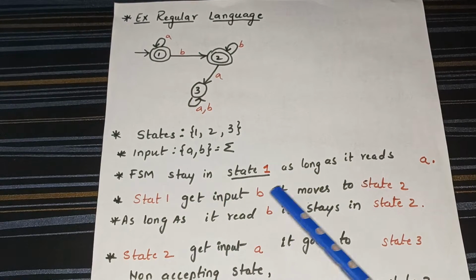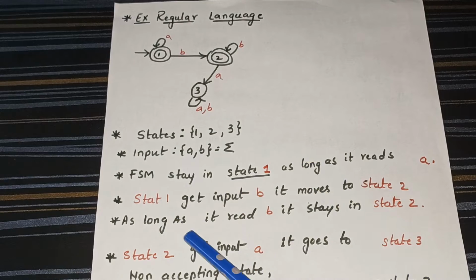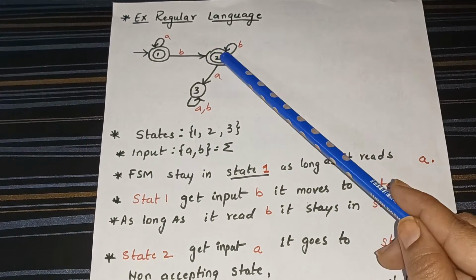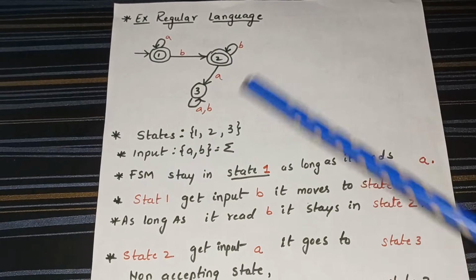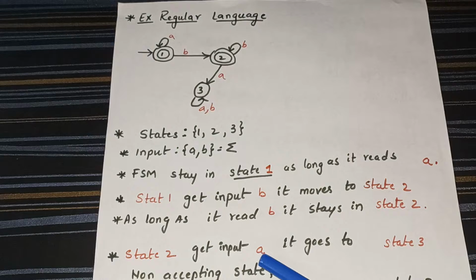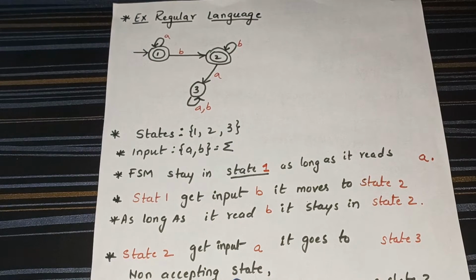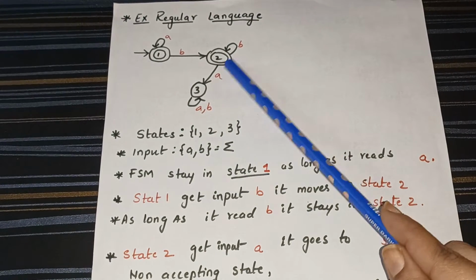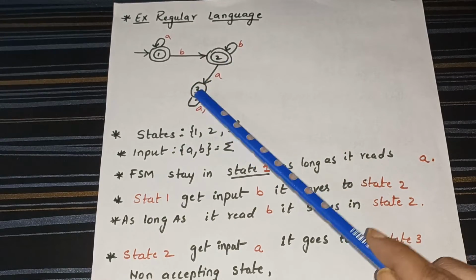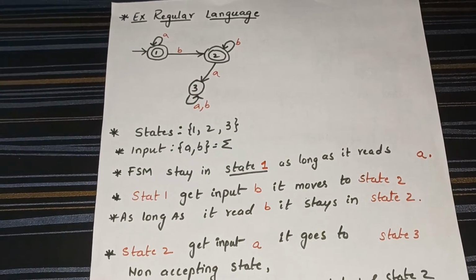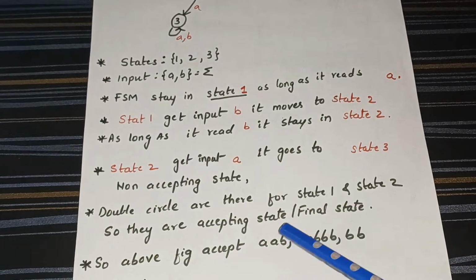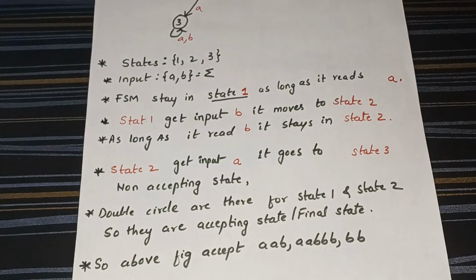That is what we have written here: state 1 gets input B, it moves to state 2. As long as it reads B, it stays in state 2 itself. And when state 2 gets A, it goes to state 3, a non-accepting state. A non-accepting state is one that is not a final state, and the double circles are there for states 1 and 2, the accepting final states.